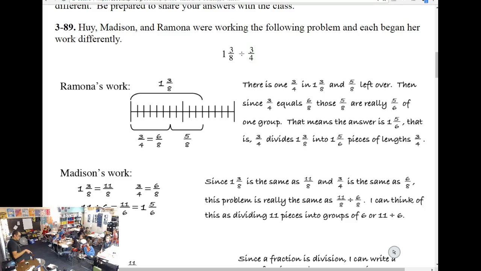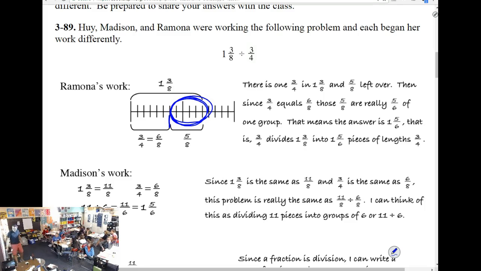No. Shoot. So the problem is, if I group into this as a 3/4, what I have left over right here is not another 3/4 group. If it was another 3/4 group, my answer would be 2. Right? I got 2 groups of 3/4.